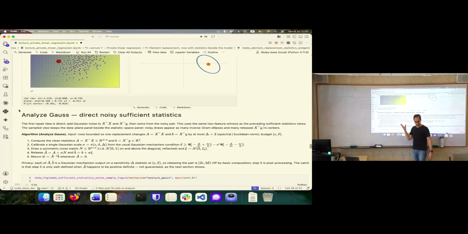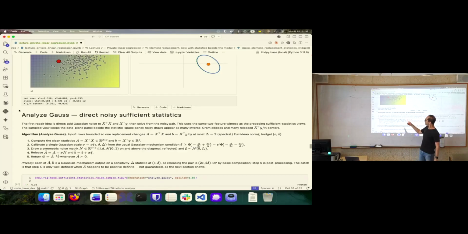X transpose X is a covariance. Let's imagine that it is the covariance of some Gaussian with mean 0. Now, if I have a Gaussian and I sample a whole bunch of points from that Gaussian, and I compute the empirical covariance of the points that I sampled, this is a good approximation of the original covariance, right? That's why empirical estimation works.